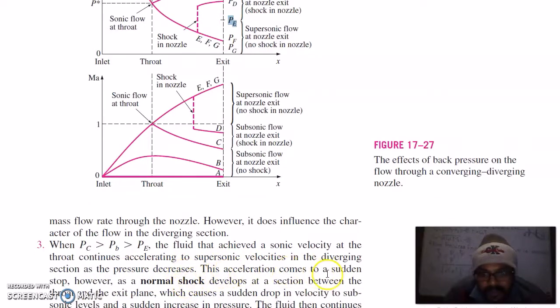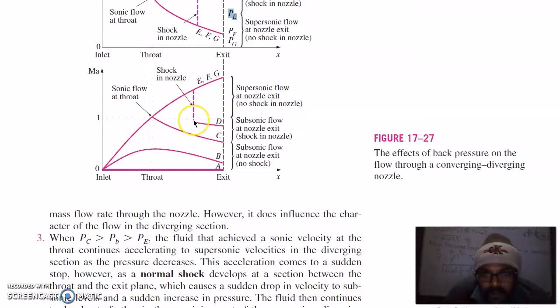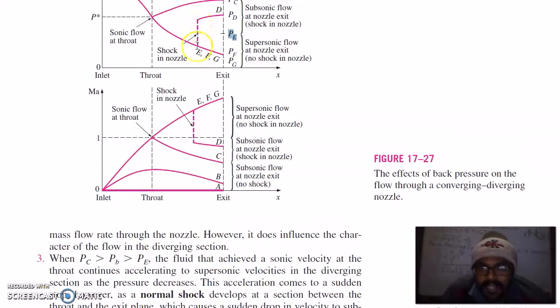This acceleration comes to a sudden stop, however, as a normal shock develops at a section between the throat and exit plane, which causes a sudden drop in velocity to subsonic level. So this is a shock in the nozzle: the velocity suddenly decreases from supersonic to subsonic, and the pressure suddenly jumps. In the case of velocity it is a sudden drop.